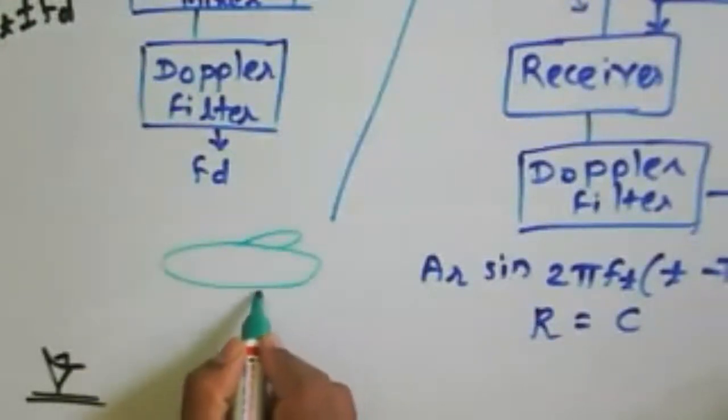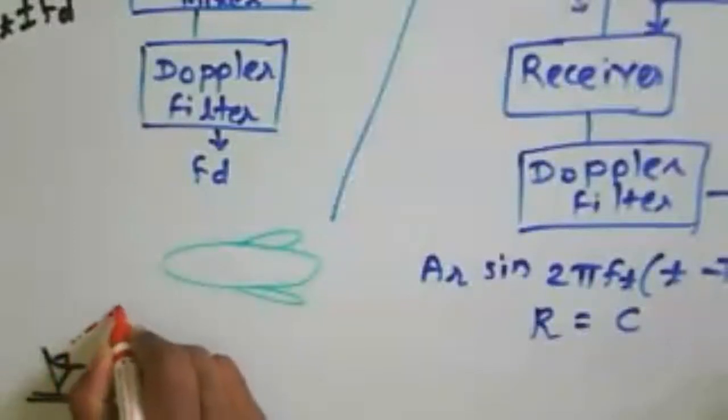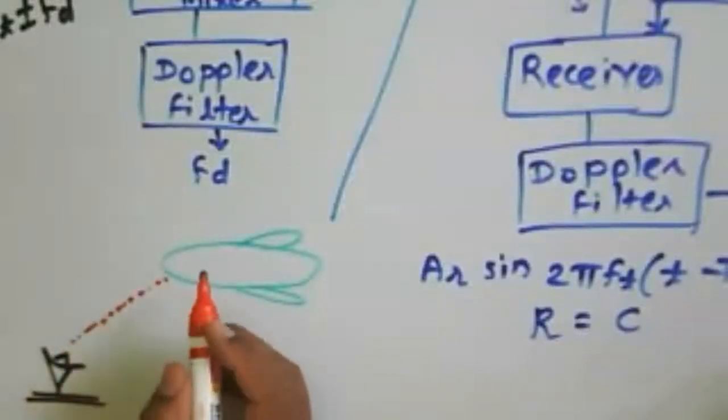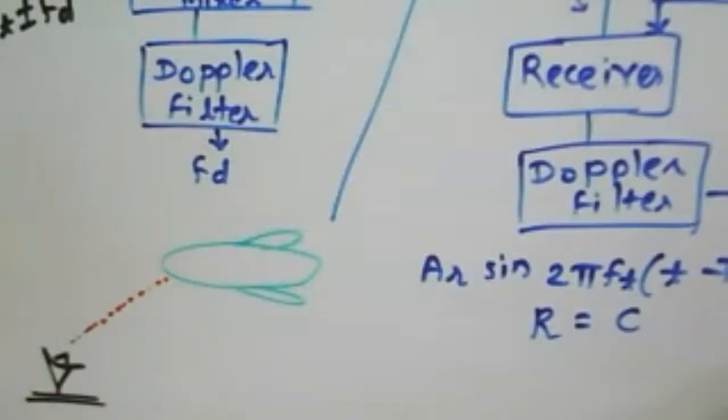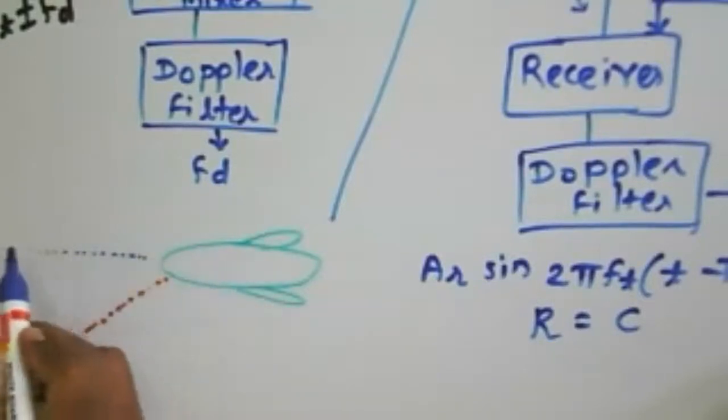This one is the object, which is considered as a target now. So we send a transmitting signal, sending the pulses here, and this target is moving in the given direction.